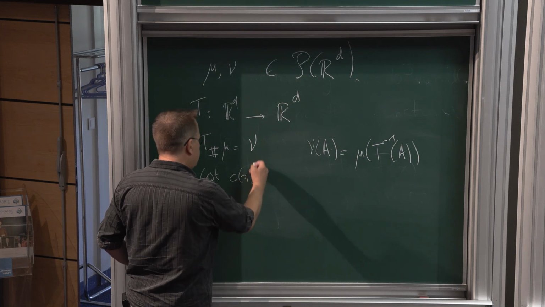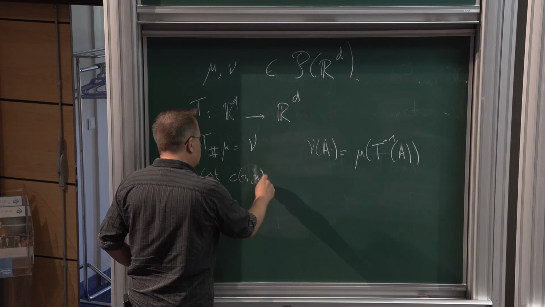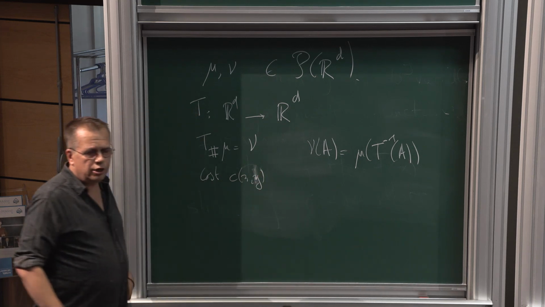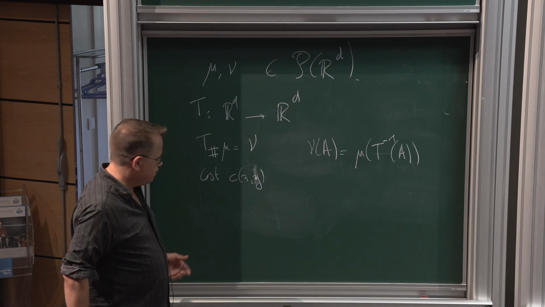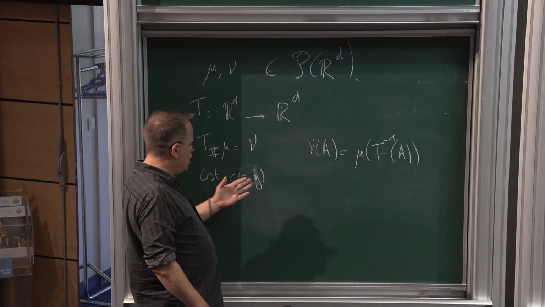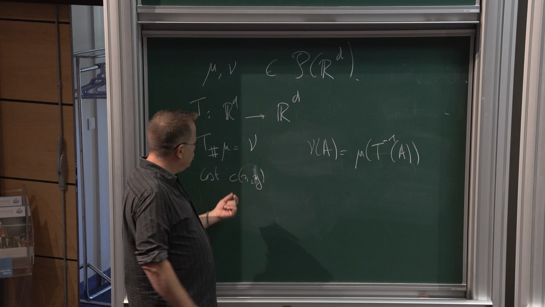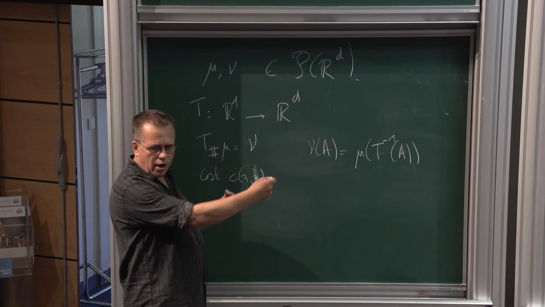Okay, you just transport mass, and then you are given a cost C of x and y. So it's just a function defined on the product. In my case, that will be some function of the distance, but that can be anything, actually, with some regularity assumption. The cost corresponds to the cost to transport a unit mass from x to y.